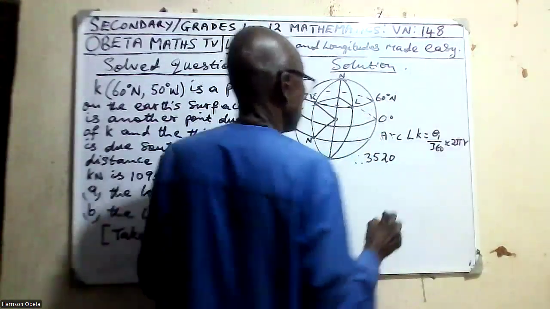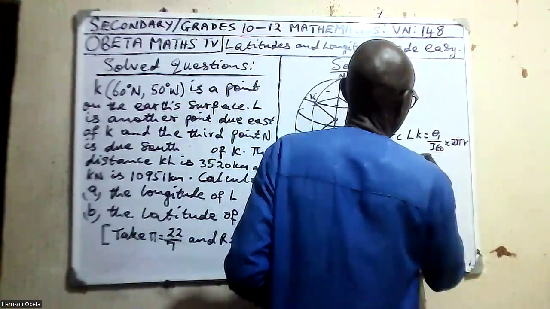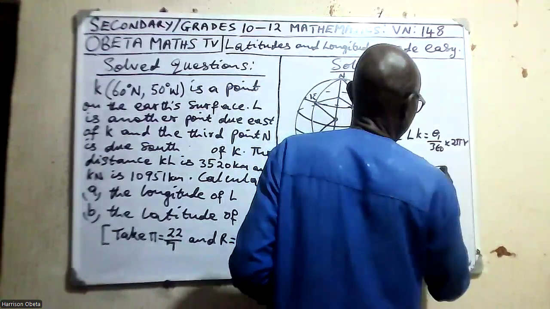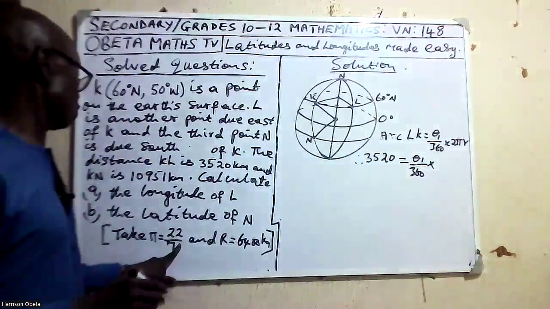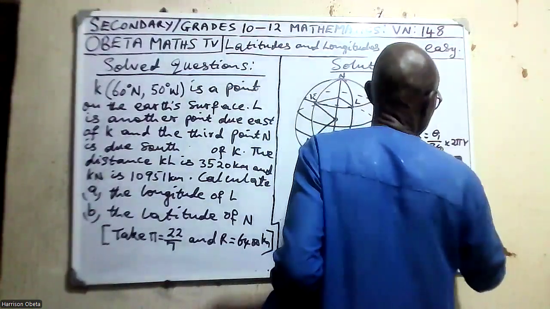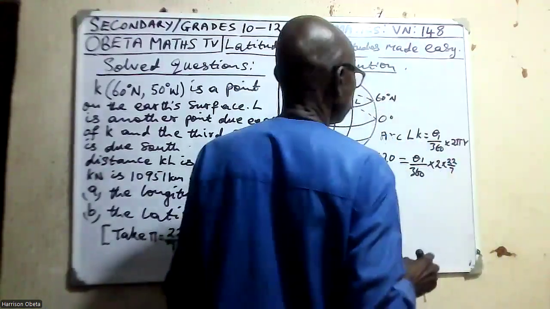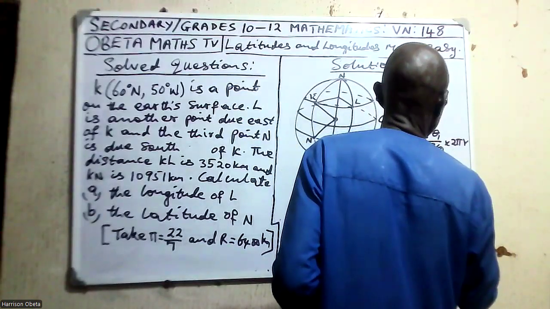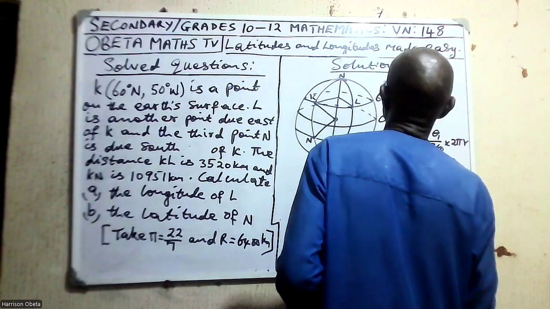So 3520 is equal to theta 1 all over 360 times 2 times 22/7, multiplied by 6400 cos 60.